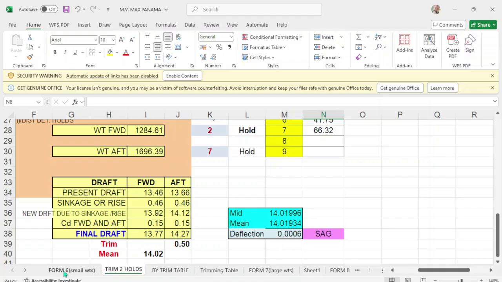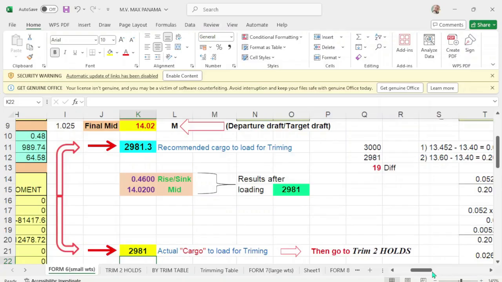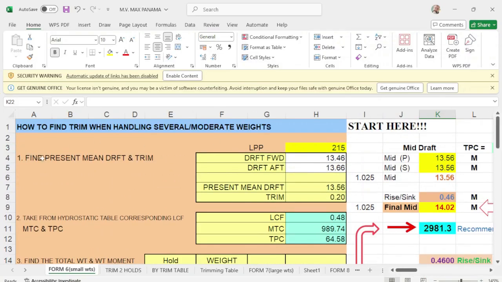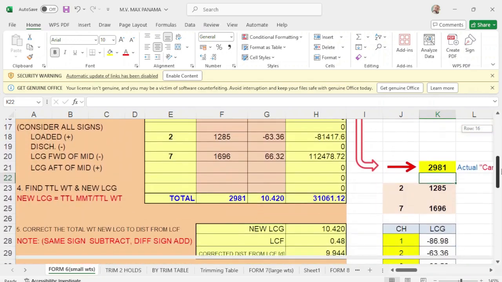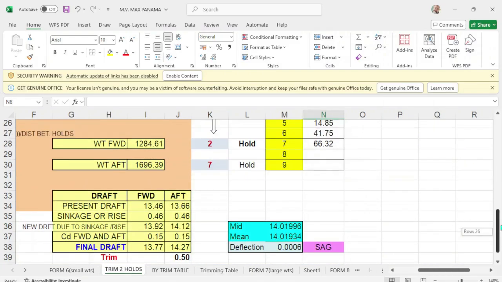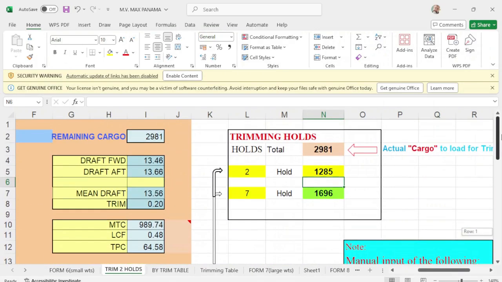So you go back to form 6. How to find trim when handling several moderate weights, okay? Take note of the cargo in hold number 2. We are going to load number 2 hold is 1285.